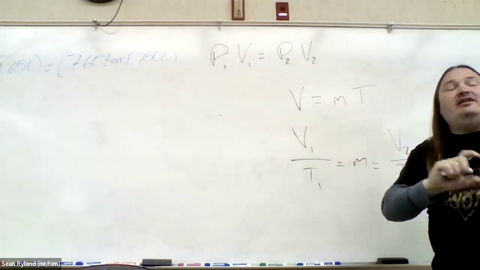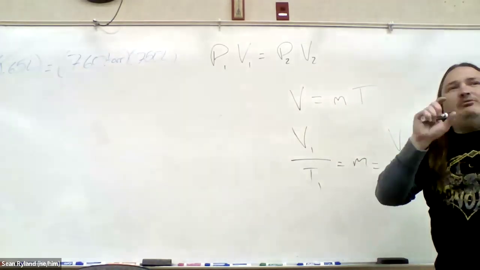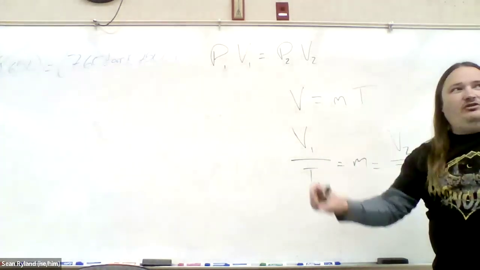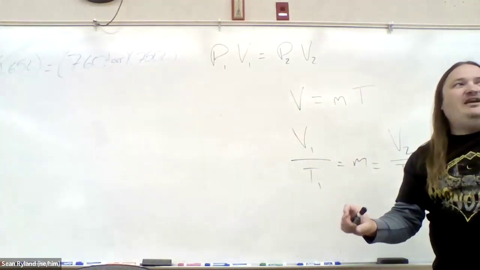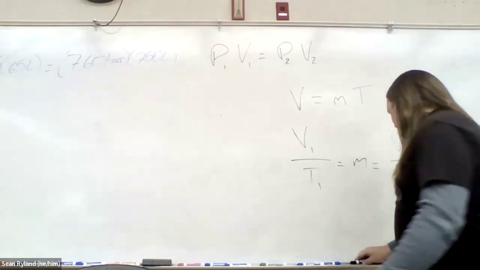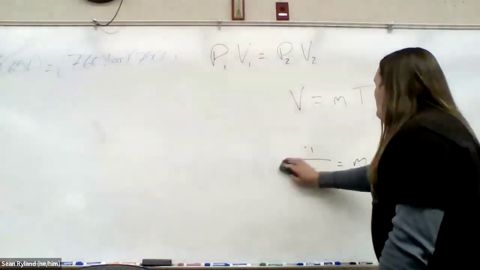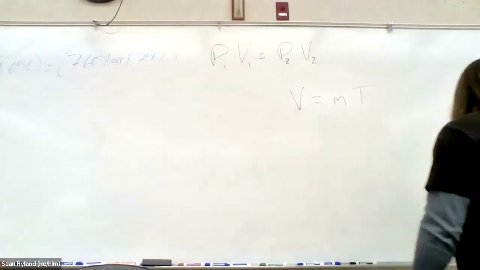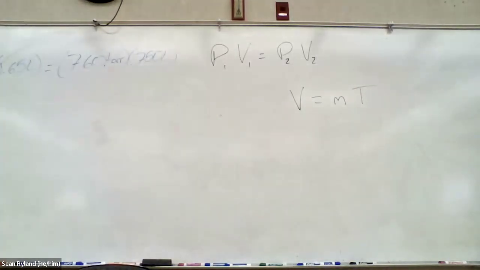But it's because usually it's going the other way around. You double the temperature, the volume doubles. That makes a little bit more sense. So that's Charles' law: V1 over T1 equals V2 over T2. So let's do an example of that one.